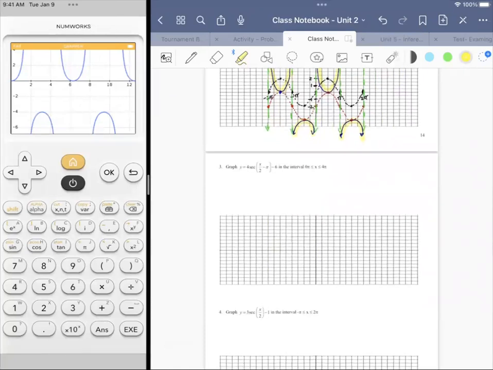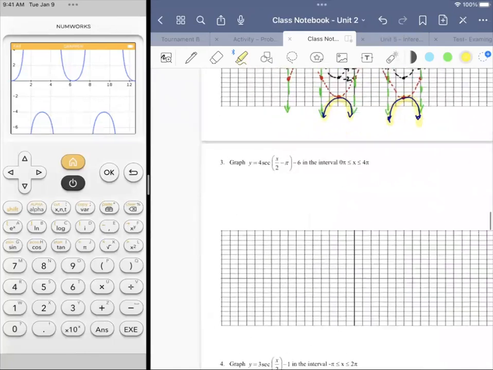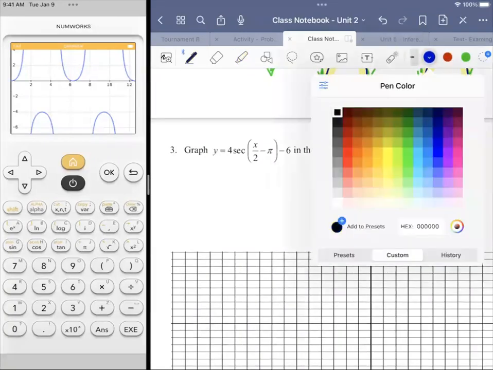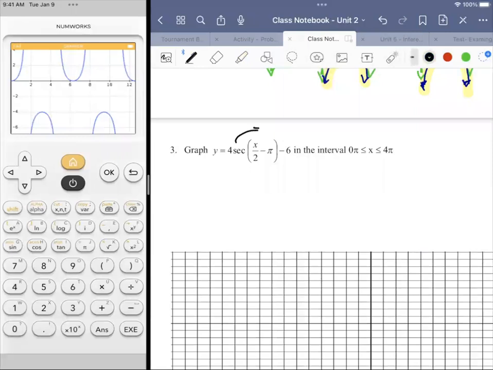Something with all the bells and whistles. So it's back to a secant function. Remember, that's a reciprocal of cosine. Y equals 4 secant of 1/2 x minus pi, minus 6.